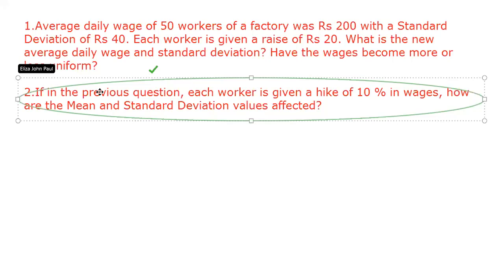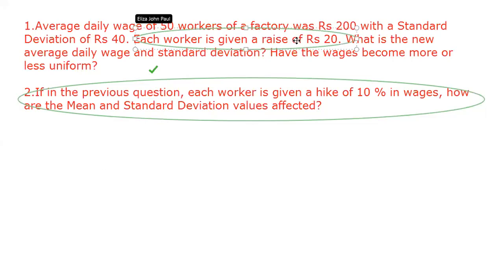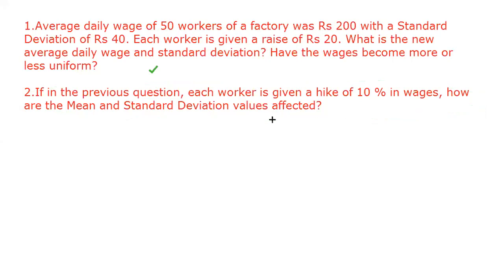What do you mean by 10% in wages? The same concept: earlier each worker was given a rise of rupees 20 as it is, but here it is 10% of their salary. Fine, so let us do it one by one.